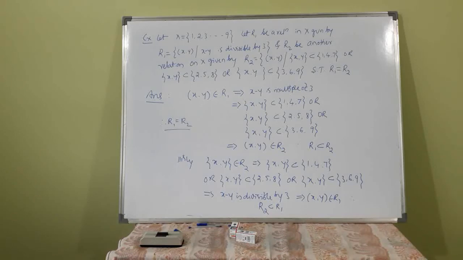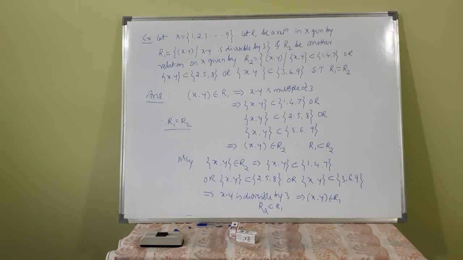So if (x, y) belongs to R1 implies (x, y) belongs to R2, then R1 is a subset of R2. Similarly, suppose (x, y) belongs to R2. What is the definition of R2? {x, y} should be a subset of {1, 4, 7}, or of {2, 5, 8}, or of {3, 6, 9}, isn't it?